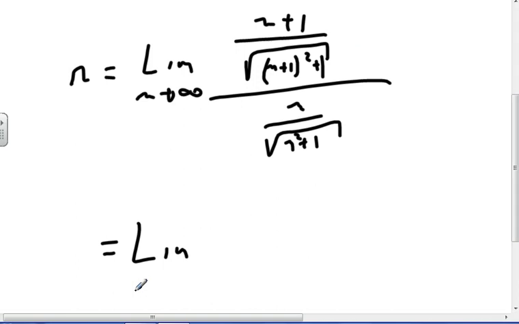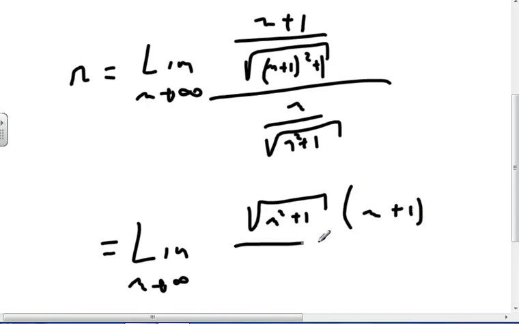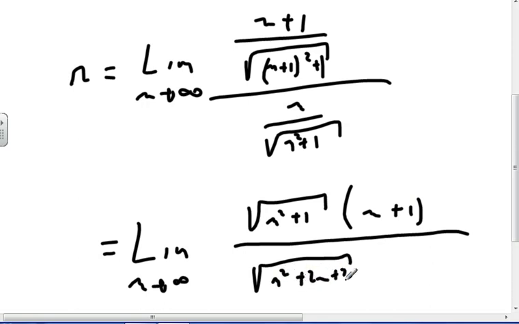Limit, and I'm going to have square root of n squared plus 1 times n plus 1 divided by the square root of n squared plus 2n plus 2 times n.